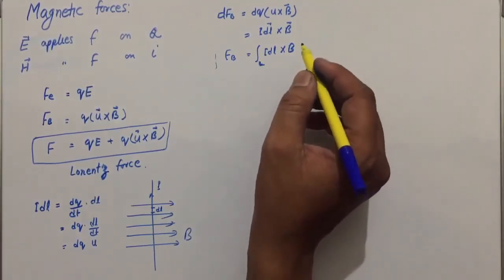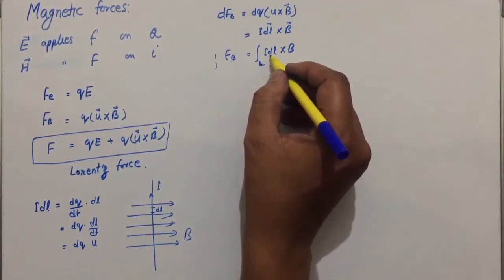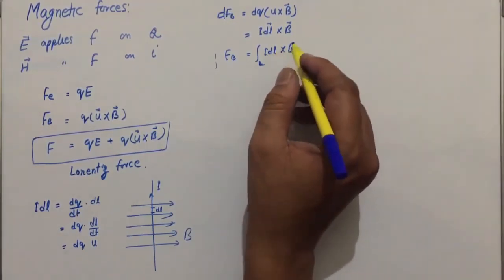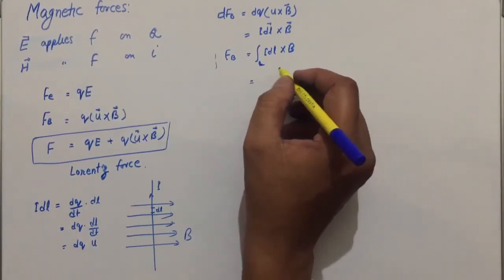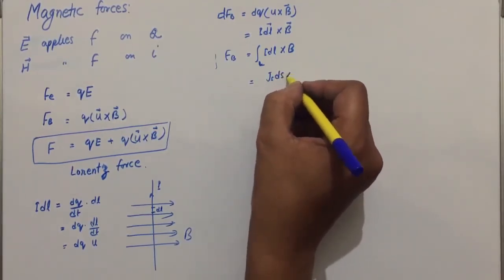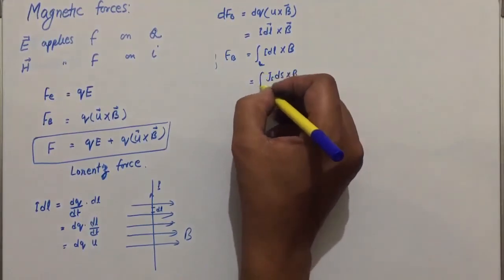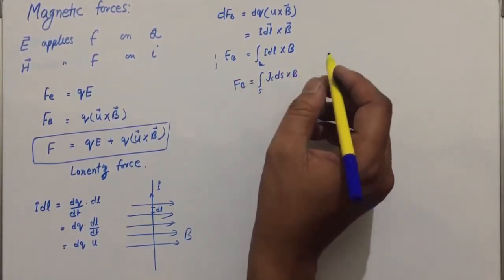Okay, now if it is a line current, then the charge element will be IdL, and if it is surface current, then it will be Js dS cross B. Okay, for surface current the FB can be written like that.